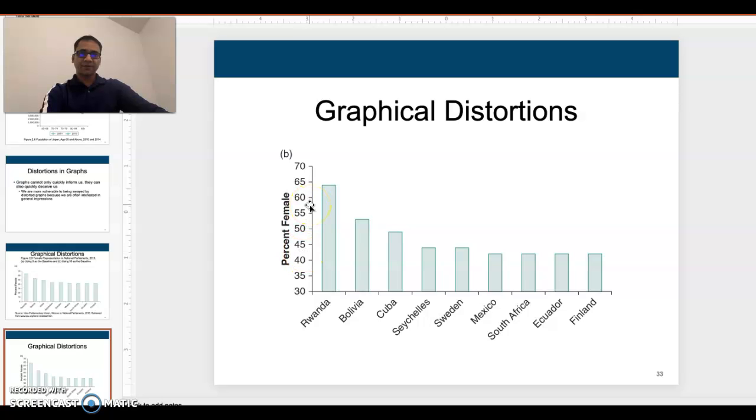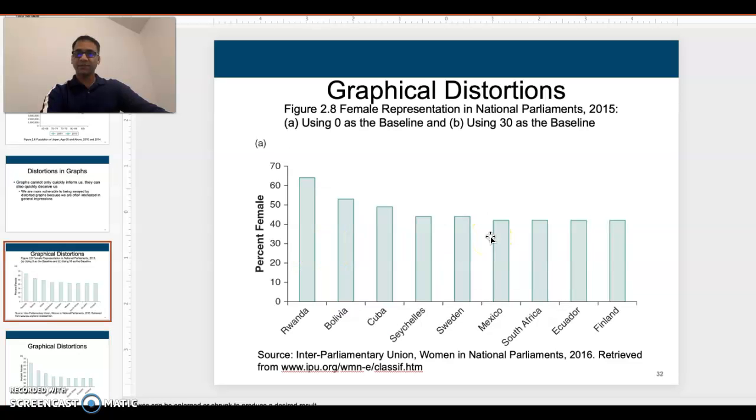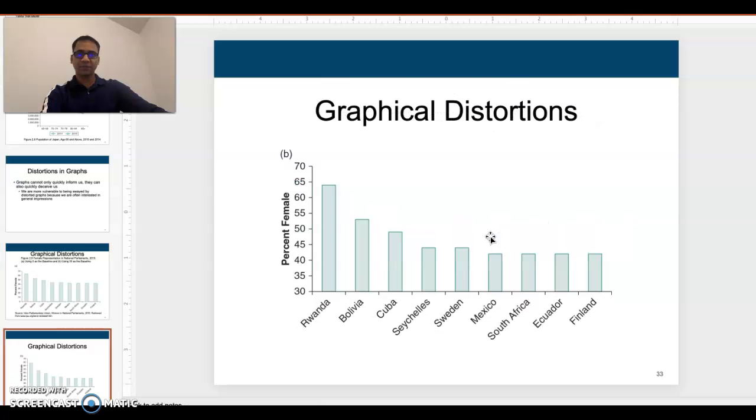So it is very important to notice that it has not started with 0, and that makes a huge difference, as we see the distortion in both of these images.